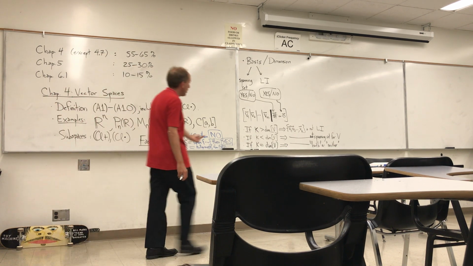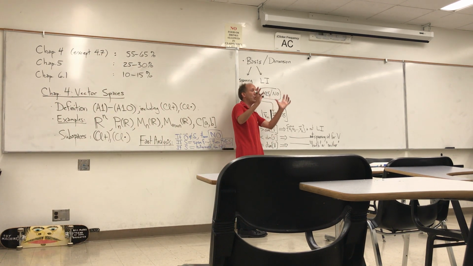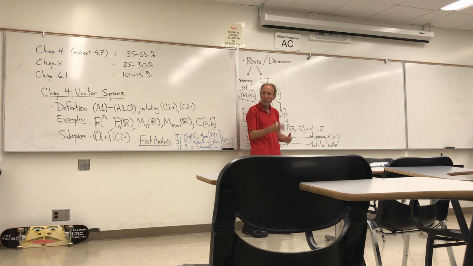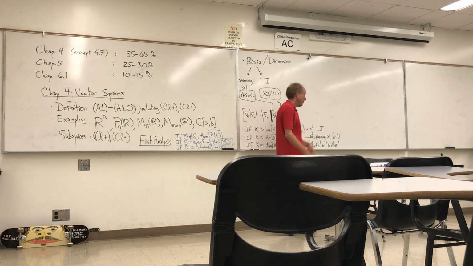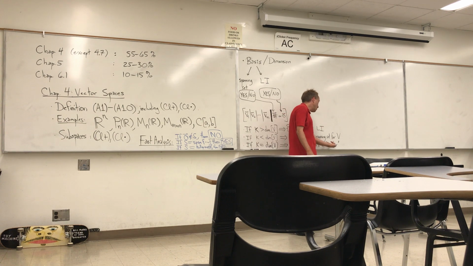And on this one, you can actually put the vectors into a square matrix. As soon as it's a square matrix, you can take the determinant of it and decide whether it's 0 or not. If it's not 0, that's good. It means it's going to be both. If it is 0, then that's bad. It means it's going to be neither.